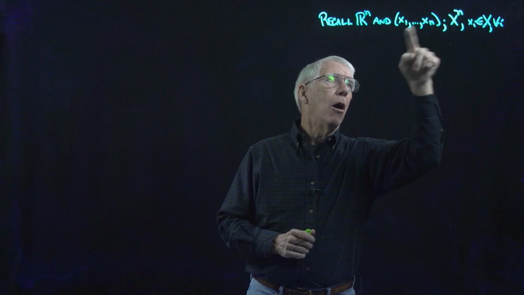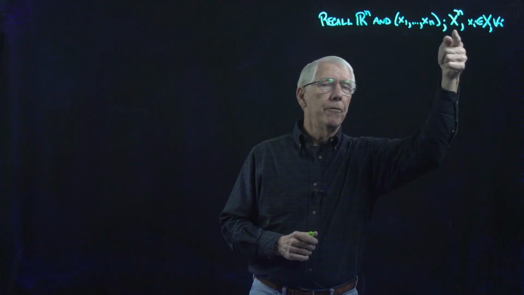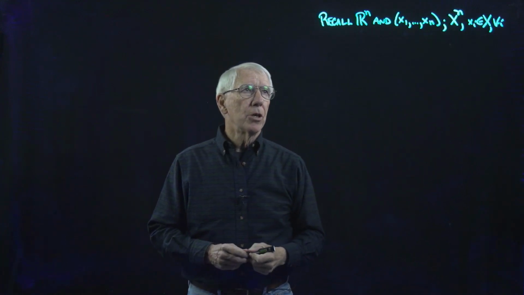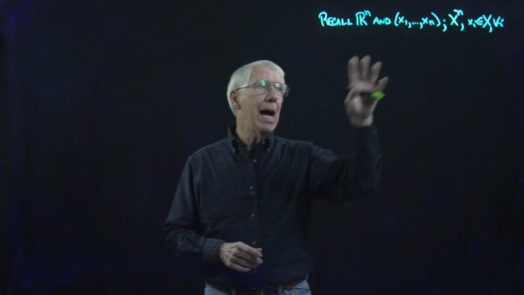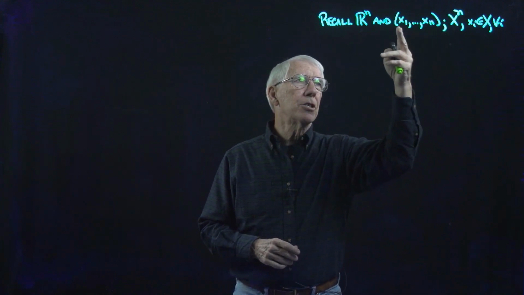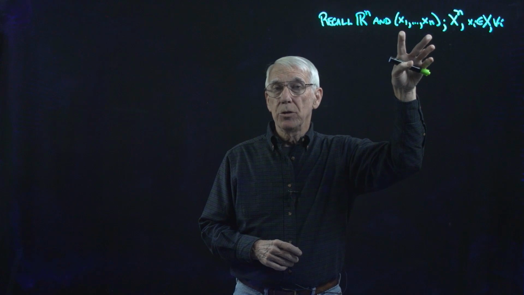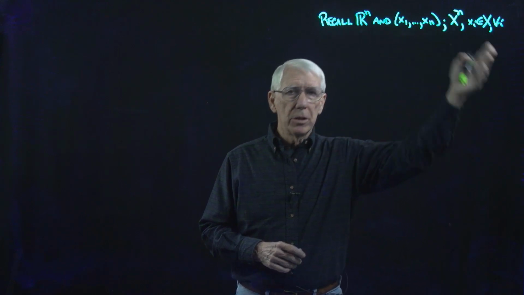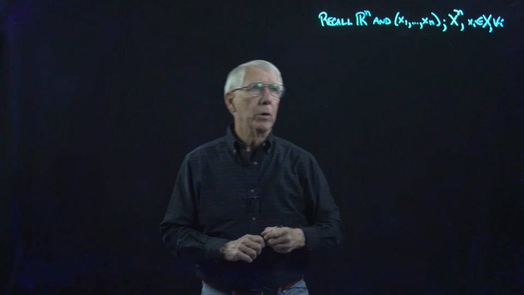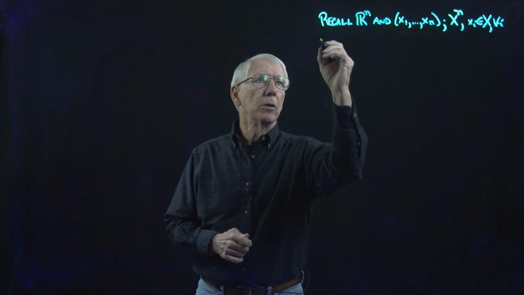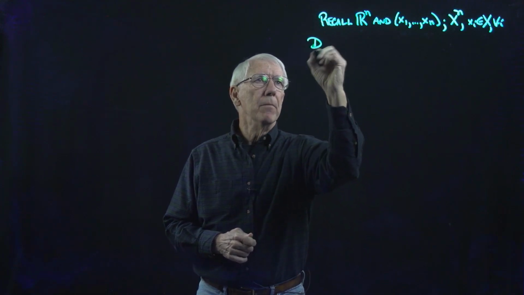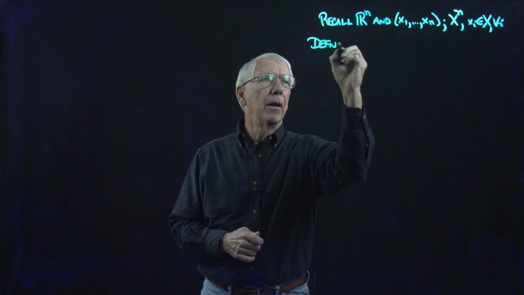Or over here, all the n-tuples are drawn from the same set capital X. So here we want to generalize that to allow for different sets so that the n-tuples, their different components could come from different sets. So what we'll do here then is we will say, let's make this a definition.